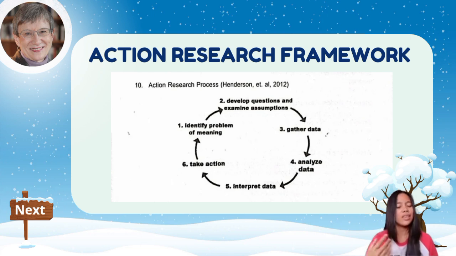After collecting the data, the researcher analyzes it to identify patterns or insights. The researcher then interprets the data to understand its meaning and implications. Based on the interpretation, action is taken to address the problem. After the action is implemented, the cycle can begin again to further improve the situation.